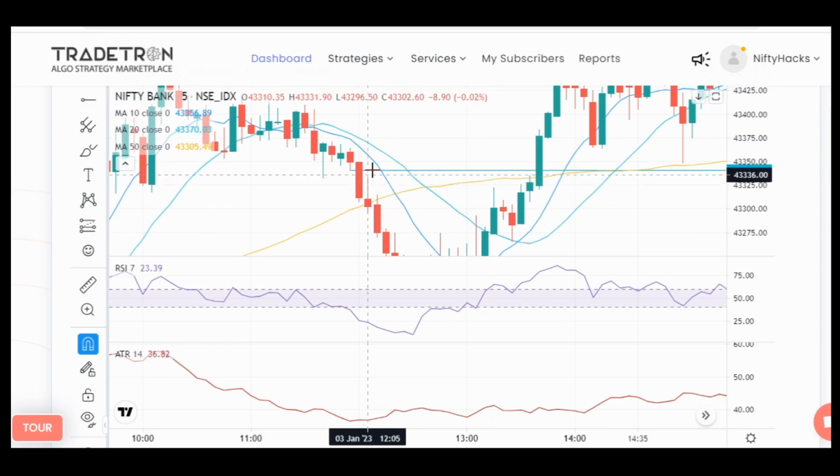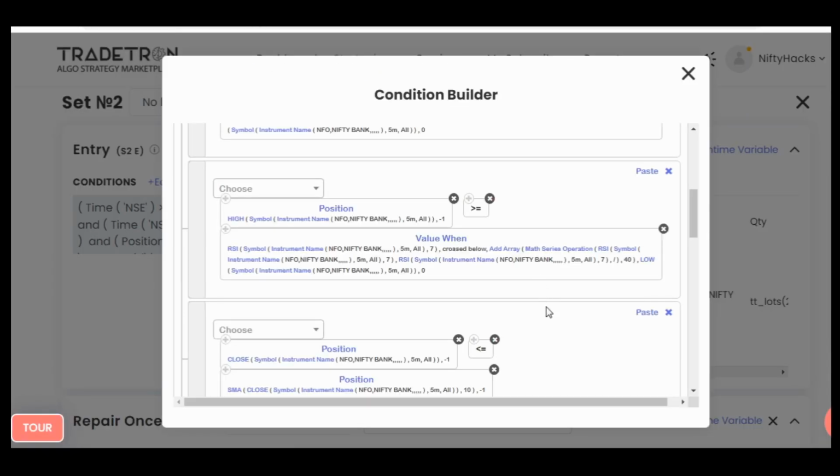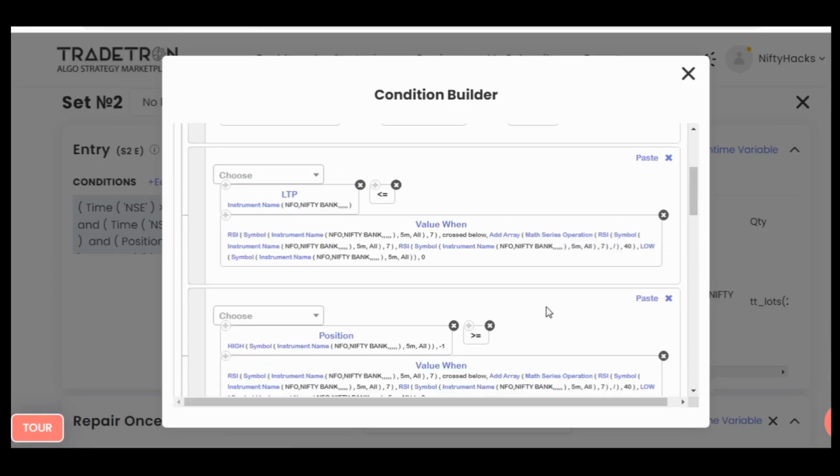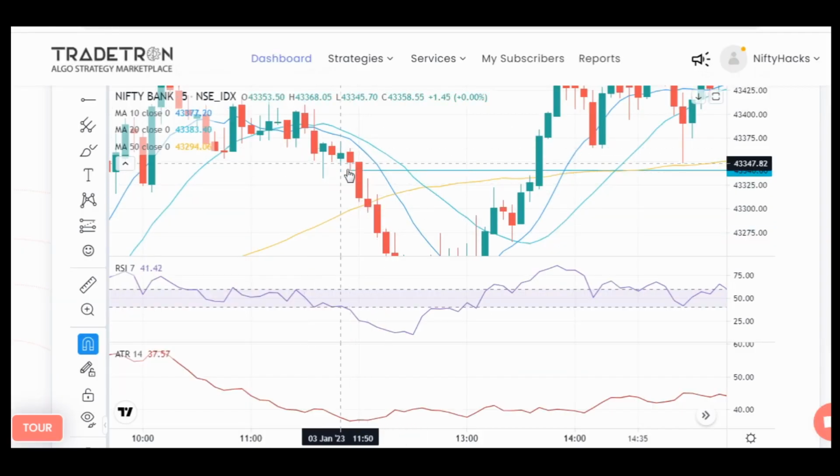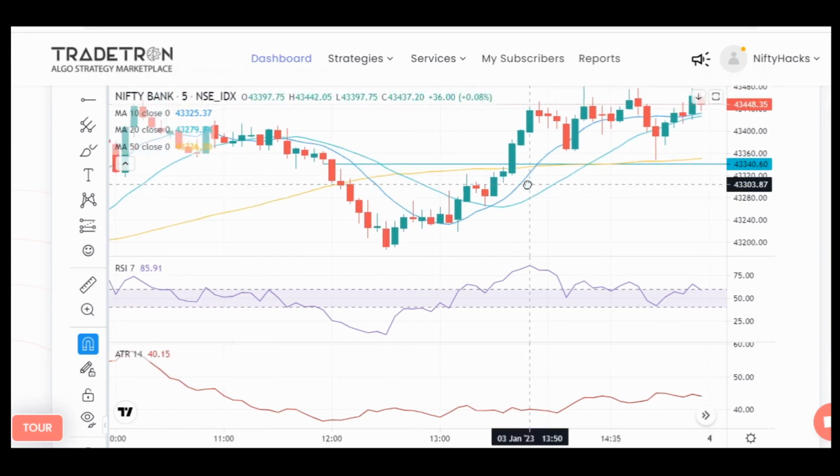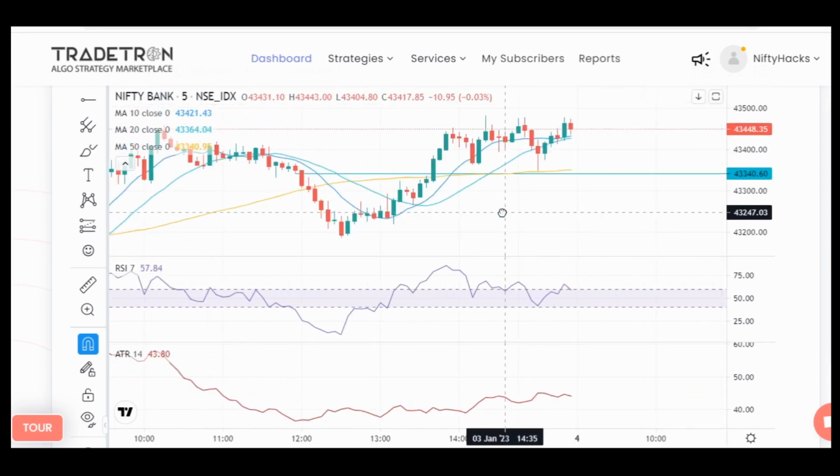If this candle high would have been above this low, our entry would have been satisfied on this candle after LTP goes below this low. I mean the low of the candle which crossed below RSI. So after this candle closes, our entry would have been satisfied. But due to this reason, our put side entry didn't trigger.